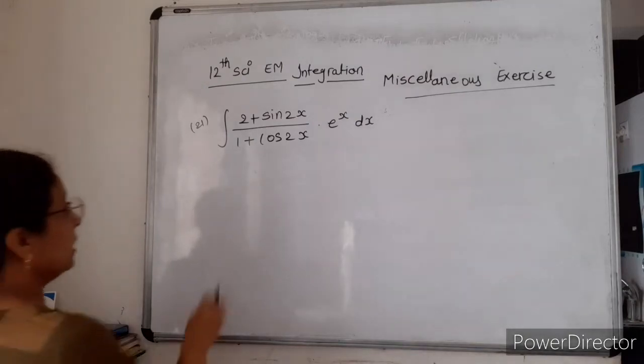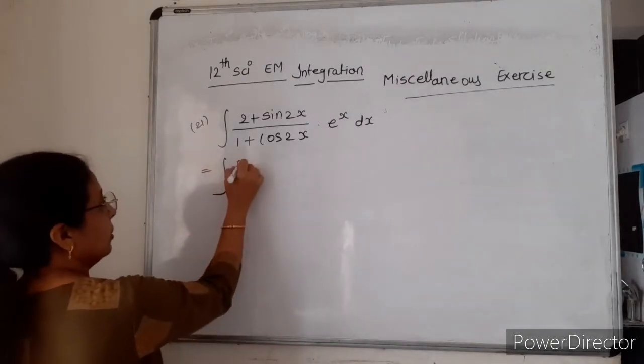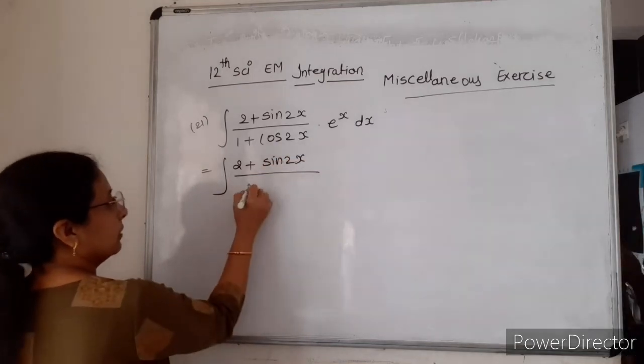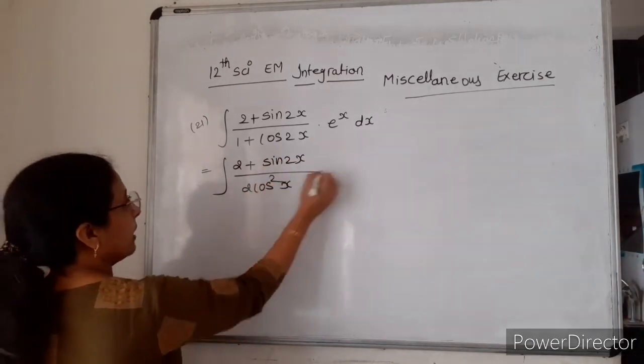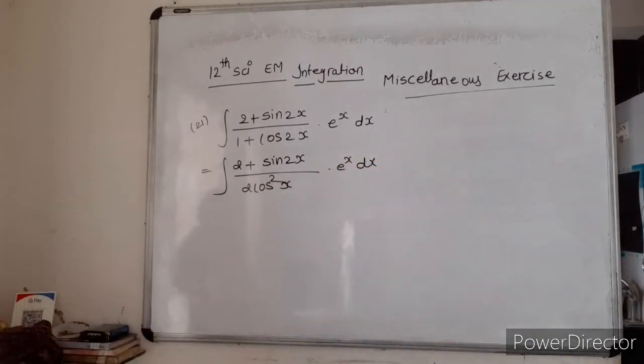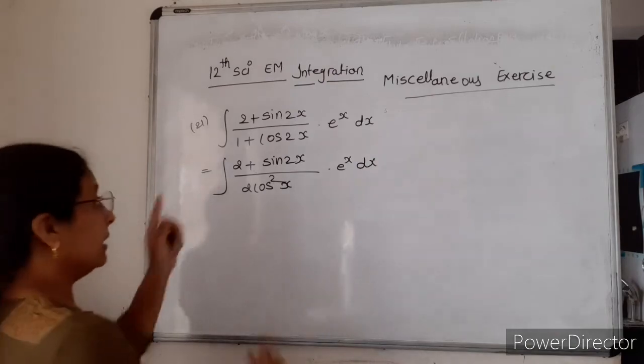So now here what I will do is 2 plus sin 2x upon this is 2 cos square x e raised to x dx. Yes or no? 1 plus cos 2x is 2 cos square x.